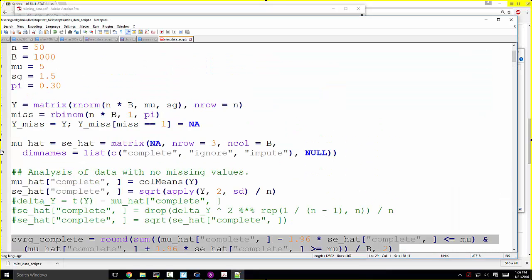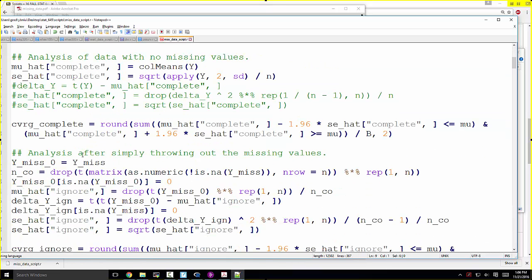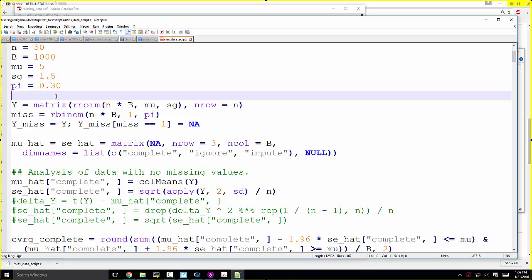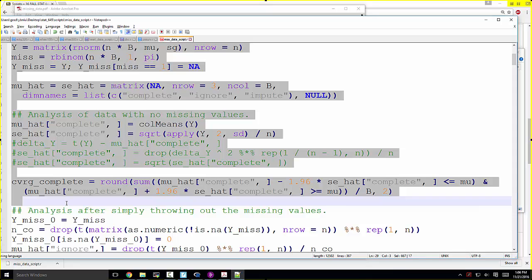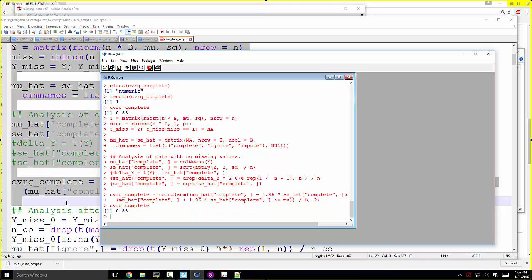The true mean that we're simulating from is equal to 5. We got 88%, which seems kind of low. I'm going to rerun this and see if it changes much. 88% again.